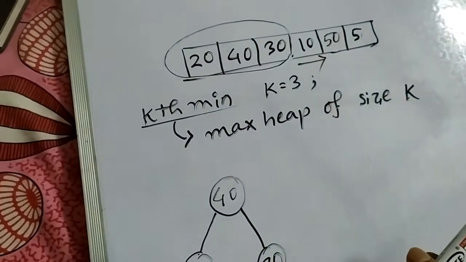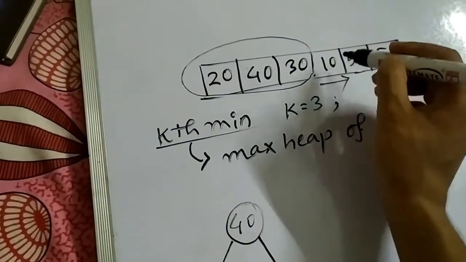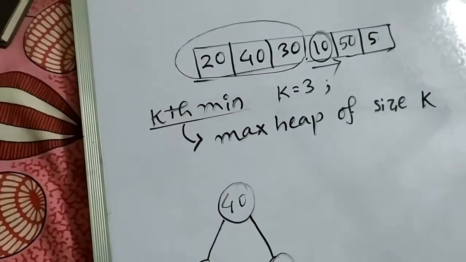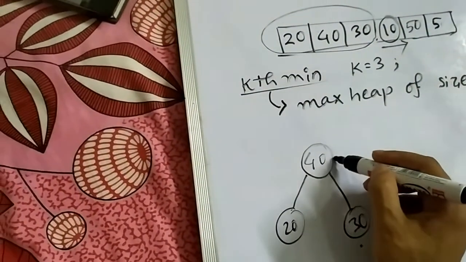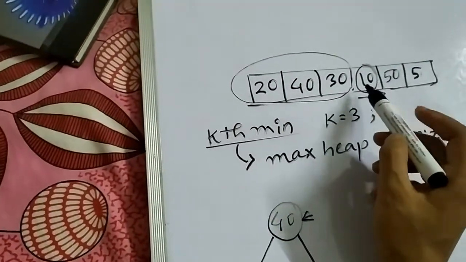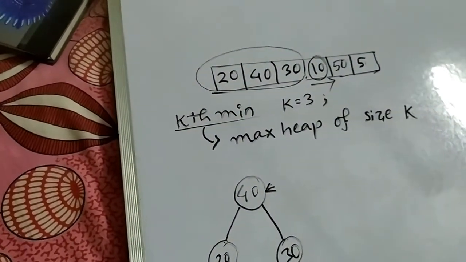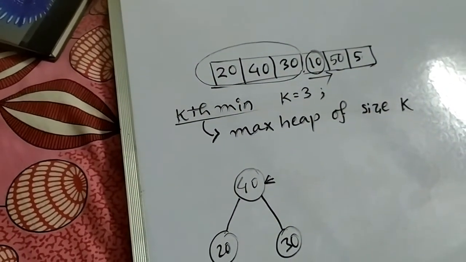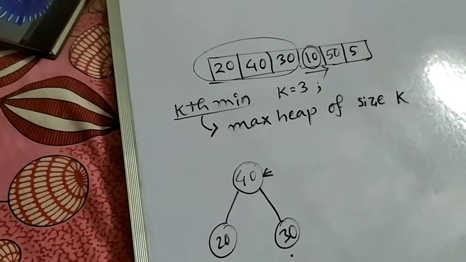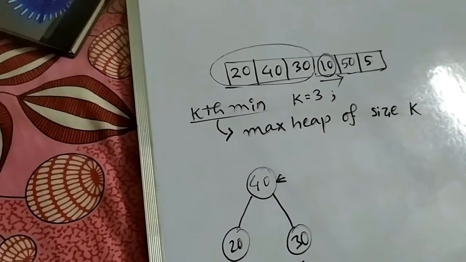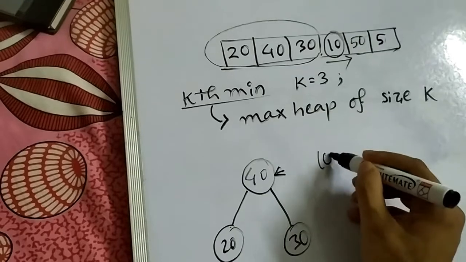Now I am traversing through the array. I get 10. Here our root is 40 and I am encountering an element that is less than the value of our root. So 10 is eligible to become a minimum because 10 is less than 40.